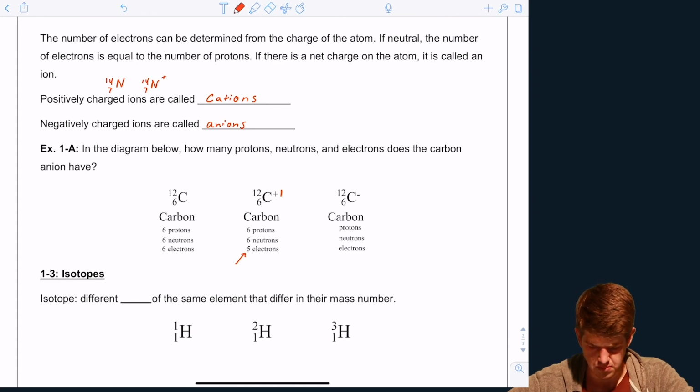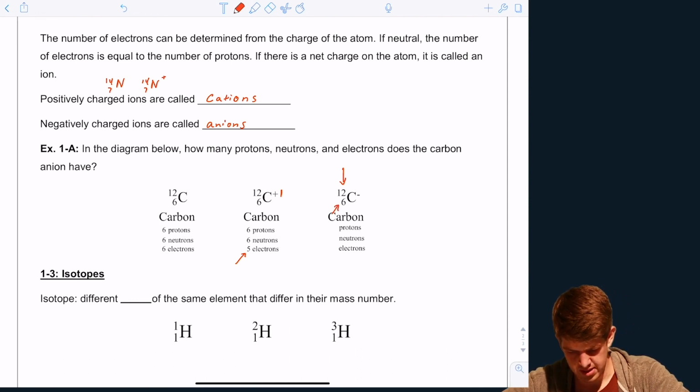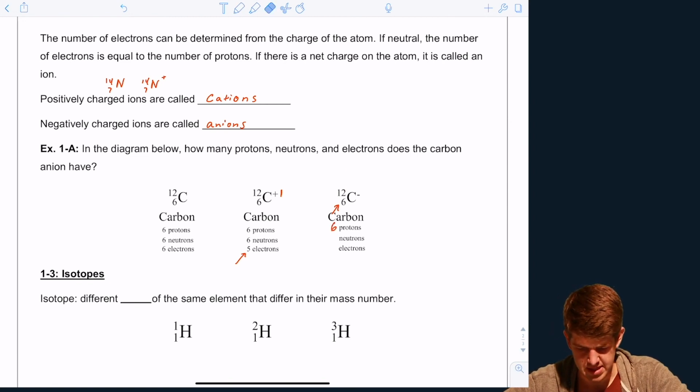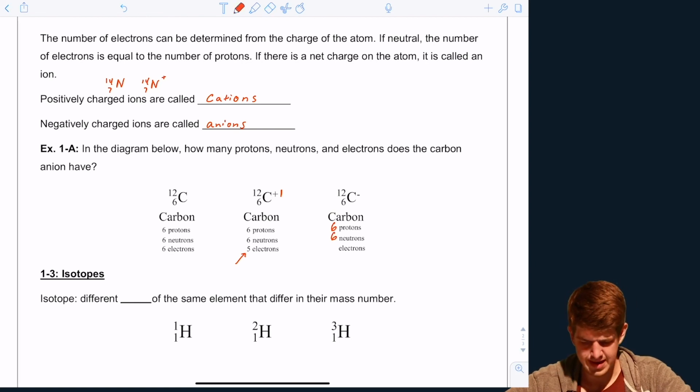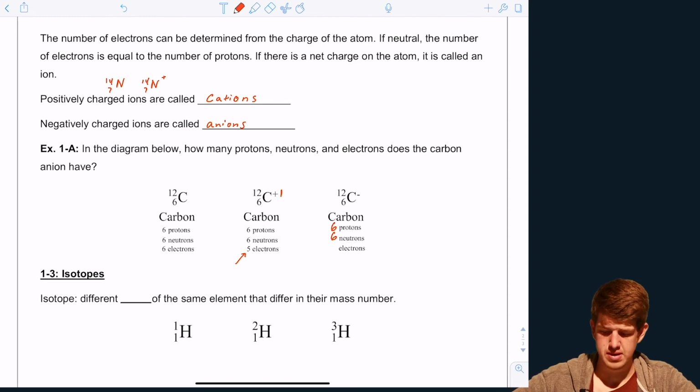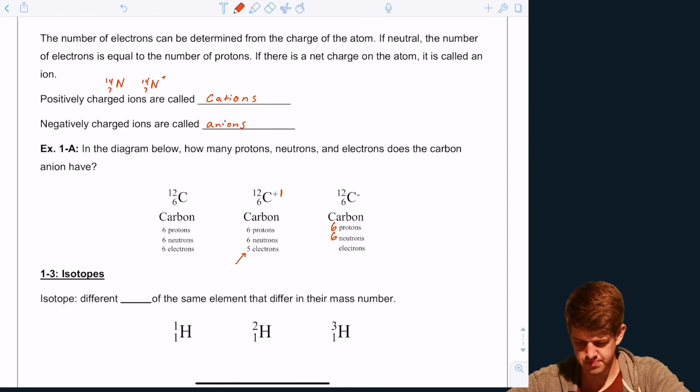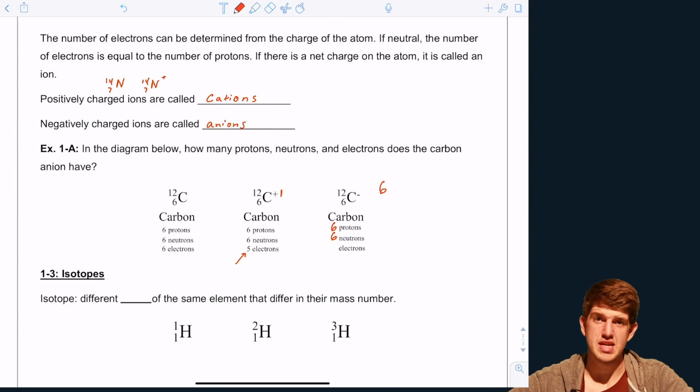So what does that mean for the carbon anion? Well, I still have 6 protons. My atomic mass is still 12, so 12 minus 6 protons equals 6 neutrons. Now, what does that mean for electrons? Well, I have 6 protons, and that means I have 6 positives.